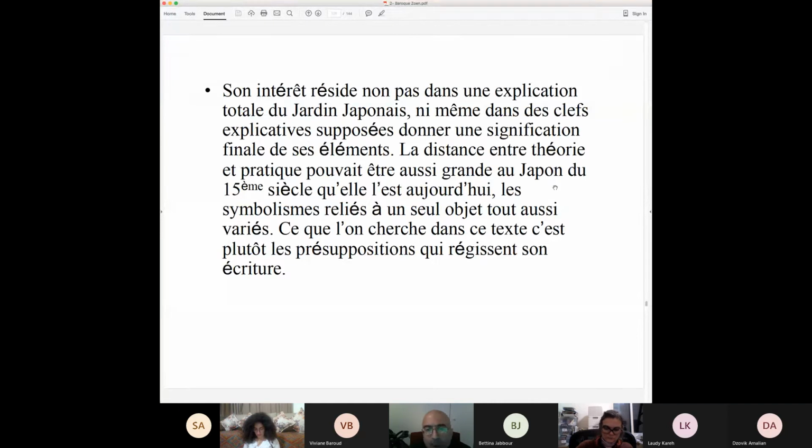The interest of this book is not that it contains a complete and total explanation of Japanese gardens. It doesn't. It's not that it allows us to understand the symbolic element of these gardens.